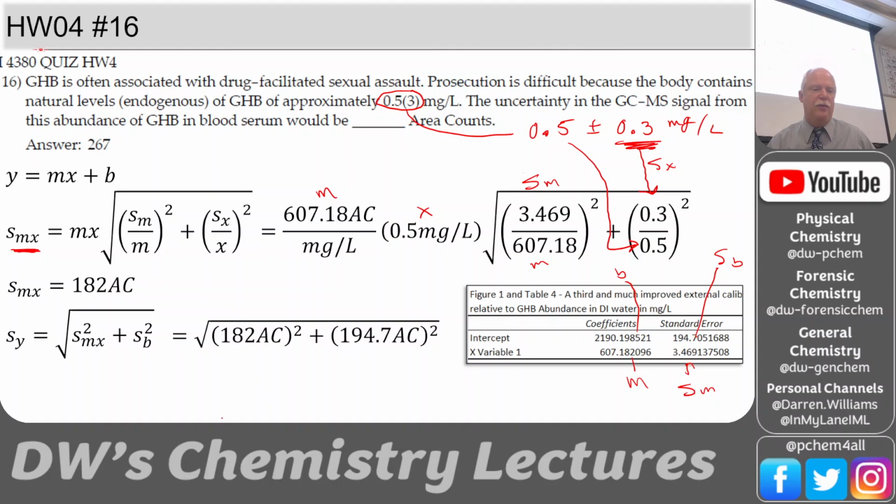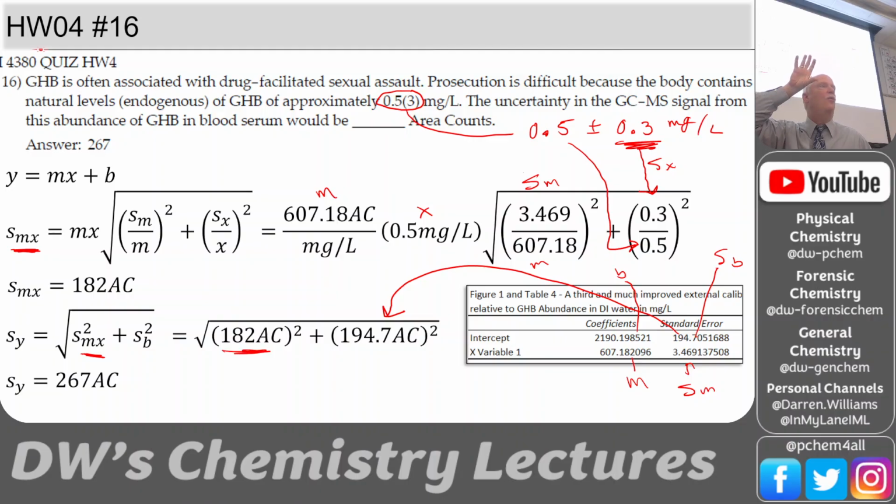And so then for the final result, we have mx plus b. So we have the smx, which we just calculated, squared. And then we have the SB from the table, 194 goes right here, squared, take the square root, and that gives us our SY. So that's the 267 that we have.